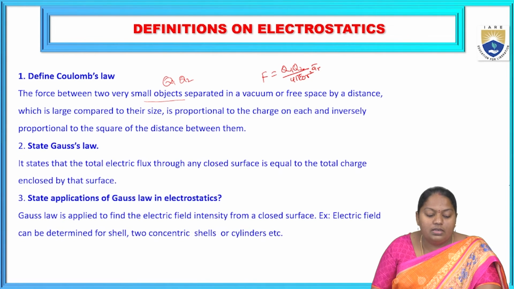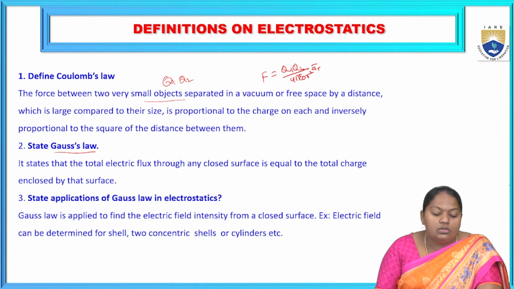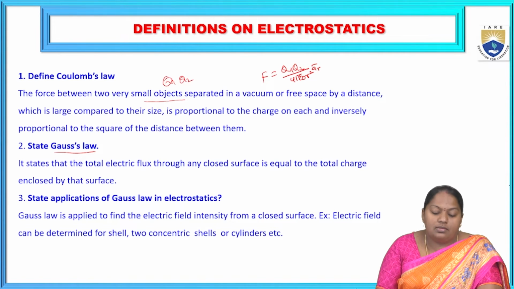Now, the second major governing law in electrostatics is Gauss's law. State Gauss's law: it states that the total electric flux through any closed surface is equal to the total charge enclosed by that surface.